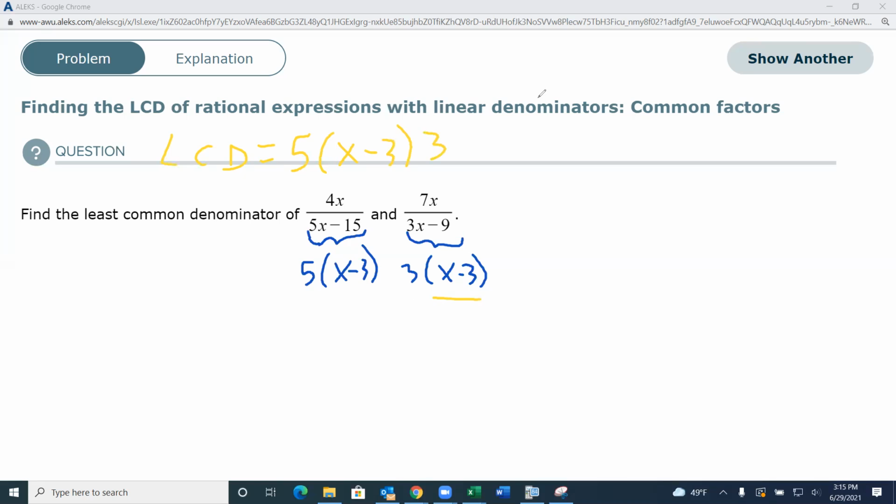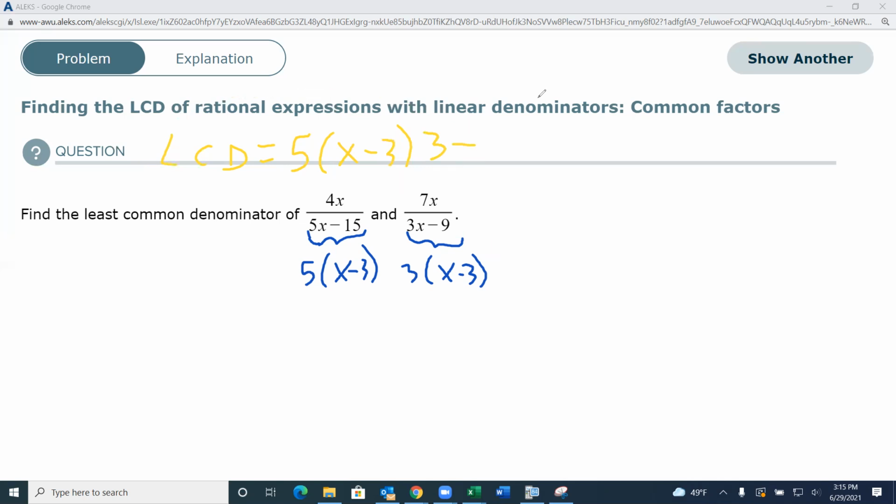And x minus 3, I've already got that up there, so I don't need another one. If this was x minus 3 quantity squared, then it would demand two x minus 3s in the LCD, and I would put one more there, but that wasn't the case. So here's our LCD.